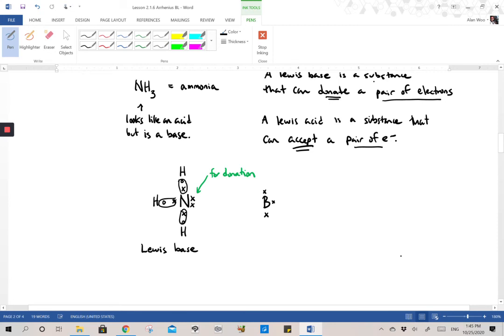Boron is the only non-metal member of family 3A, so it will gain electrons instead of lose electrons to complete its octet. So if we have boron with 3 fluorines, each of them having 7 valence electrons, then you get this scenario here.